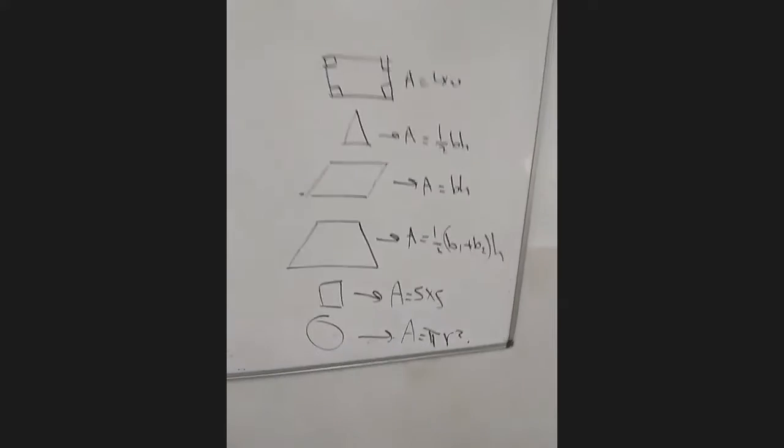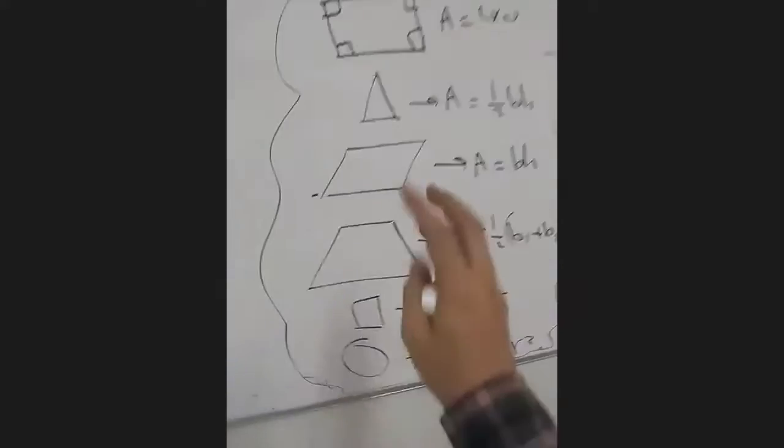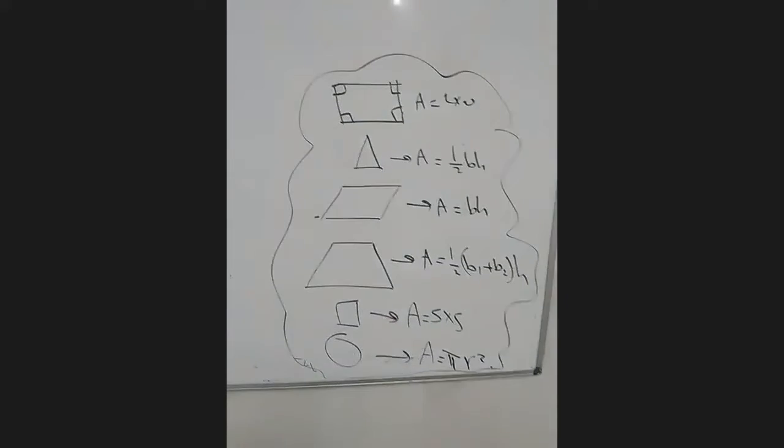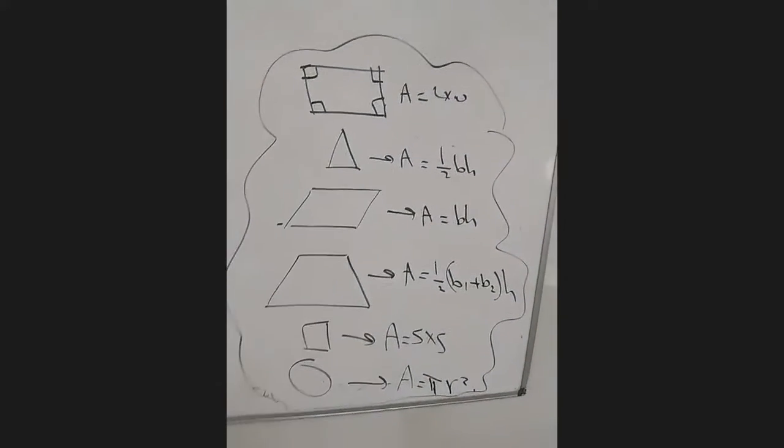Y R power 2. R power 2, yes. These areas now are the basic areas which you need in your lesson. If you remember, guys, we started with these areas, remember?